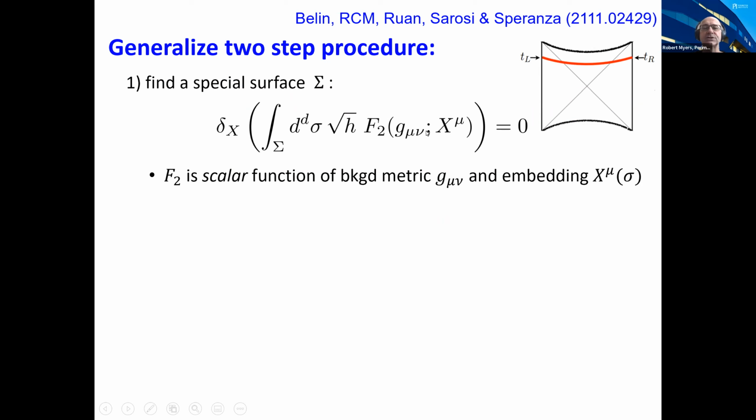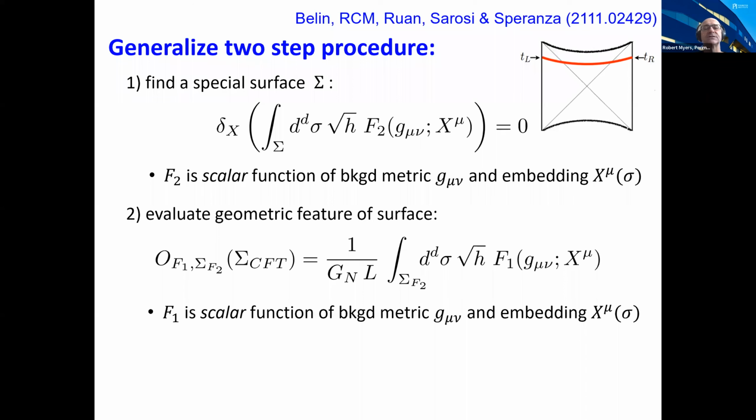And this function, the scalar, can be a function of the background metric and of the embedding coordinates. That means that, for instance, I can think of it as a function that includes background curvatures, and I'll show you an example in a moment, or it could include extrinsic curvatures or intrinsic curvatures of that surface. But the idea is we choose a function here, we extremize it, and we use that to pick out a special surface in the bulk.